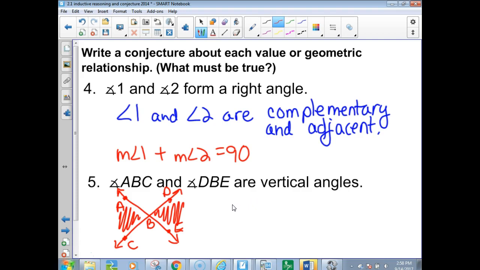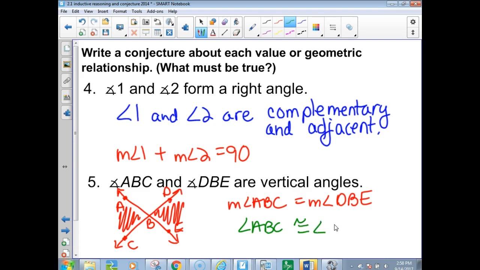Oh, they're across from each other, yep. Or they are equal in measure, so the measure of angle ABC is equal to the measure of angle DBE. Now, someone else might have written that angle ABC is congruent to angle DBE. These are all good things.